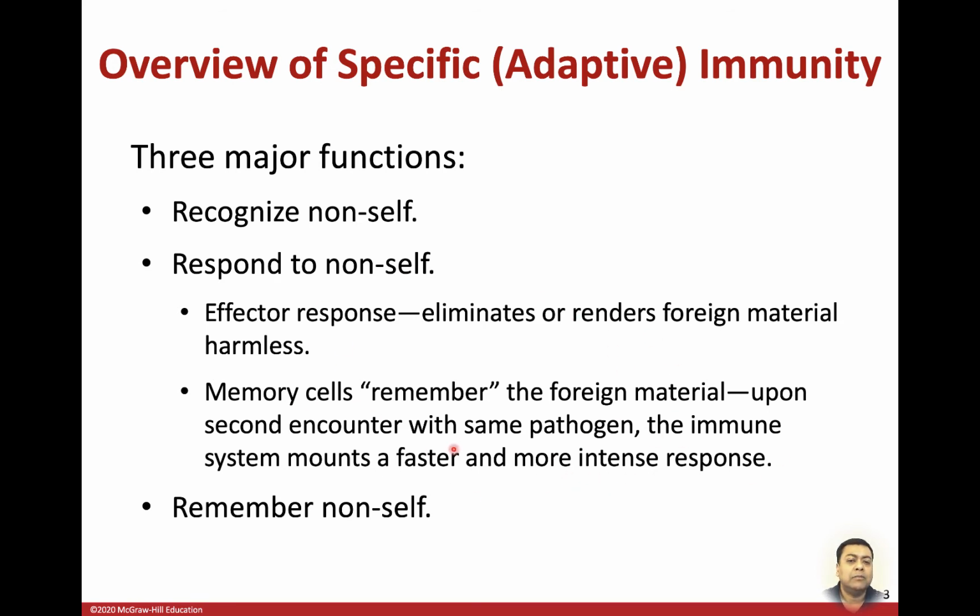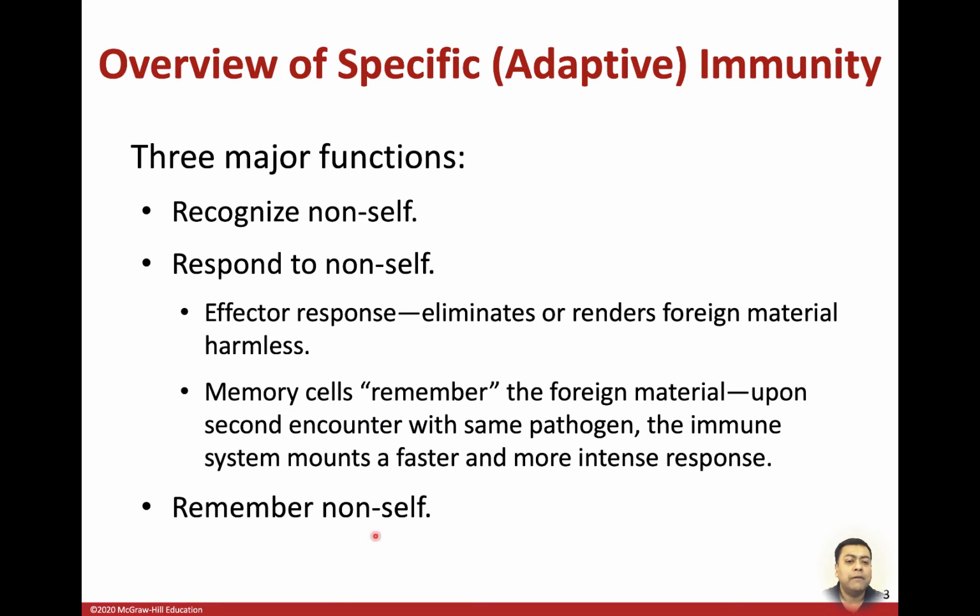That is the reason vaccines work most of the time. When the vaccine goes into your body, it is considered foreign material and you develop an immune reaction. When a real pathogen tries to infect you, most of the time your immune system will be able to counterattack and you will not have the infection due to that memory.